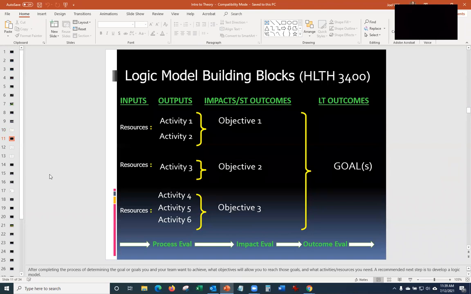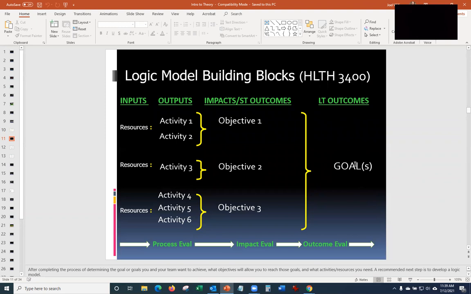Next, we have a logic model. A logic model represents all the things that you're doing in your program or intervention kind of all in one place. And so we think about logic models as working backwards. So you've got some goals, maybe one goal or multiple goals that you want to accomplish as a result of your program or intervention.